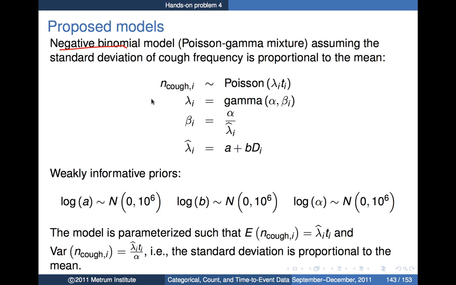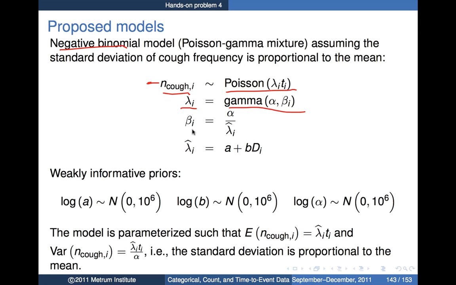So the way we're going to write it here is that our main likelihood for a cough count is going to be again Poisson, lambda I t i, but where lambda I is going to be gamma distributed. And again, if you have Poisson where lambda is gamma distributed, that is equivalent to a negative binomial distribution.